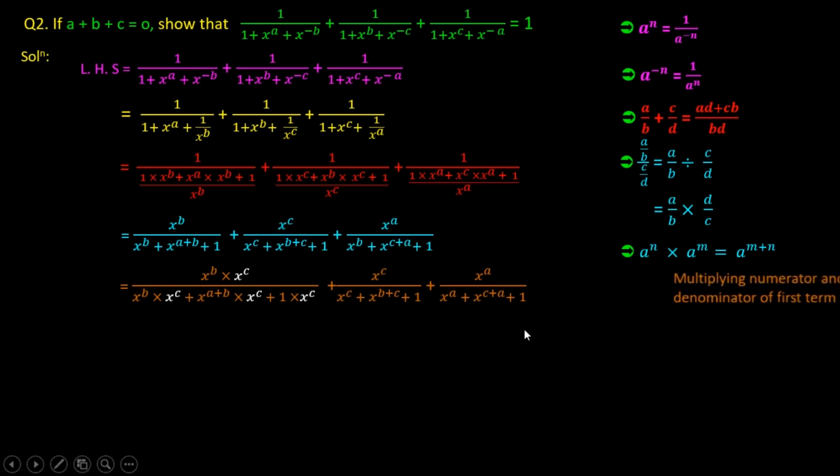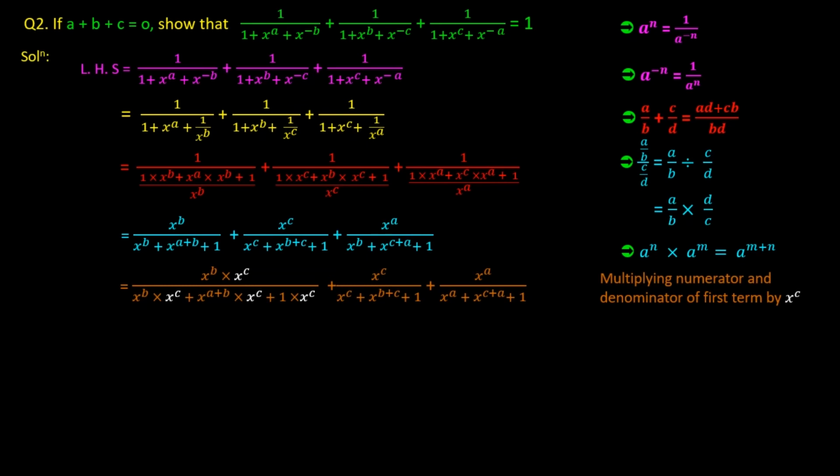I am multiplying the numerator and denominator of the first term by x to the power c, because if you check the denominator, you see a plus b, but there is no x to the power c. We are using three variables, x to the power a, x to the power b, x to the power c. There is no x to the power c in this term, so we have to multiply this term on the numerator with x to the power c, and on the denominator also. So the denominator, when you multiply, it goes with every term, here also, and with 1 also here. And we don't have to do anything right now on this part.